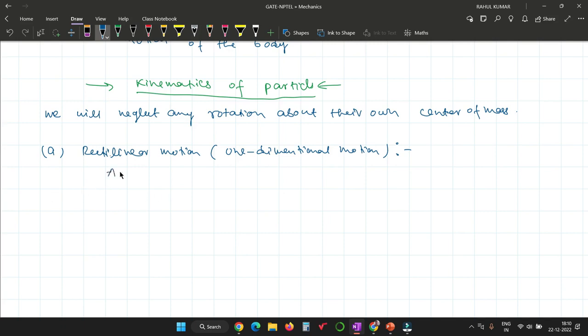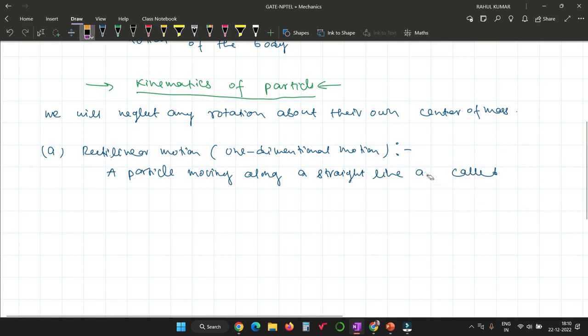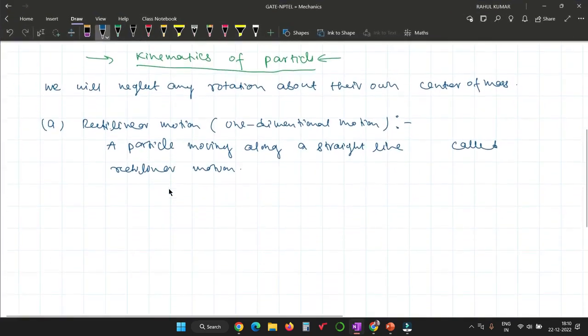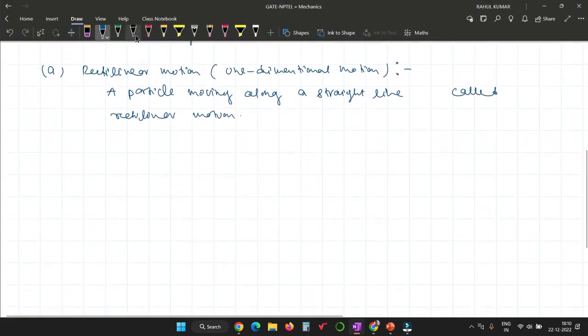Yeah, so a particle moving along a straight line is called rectilinear motion.